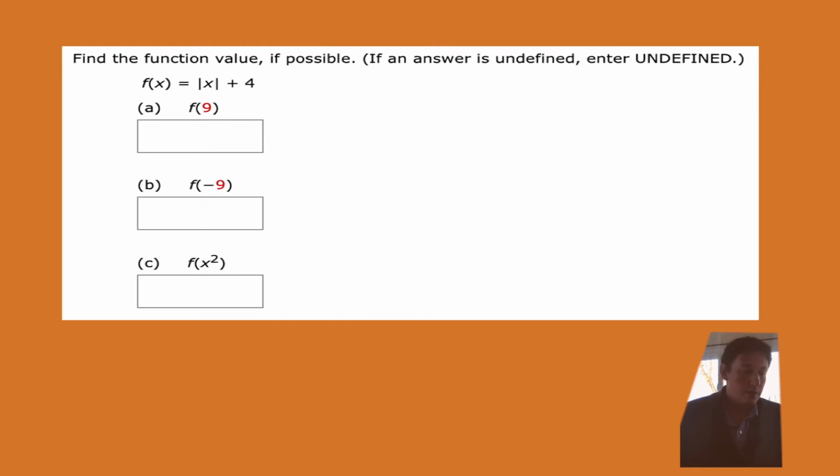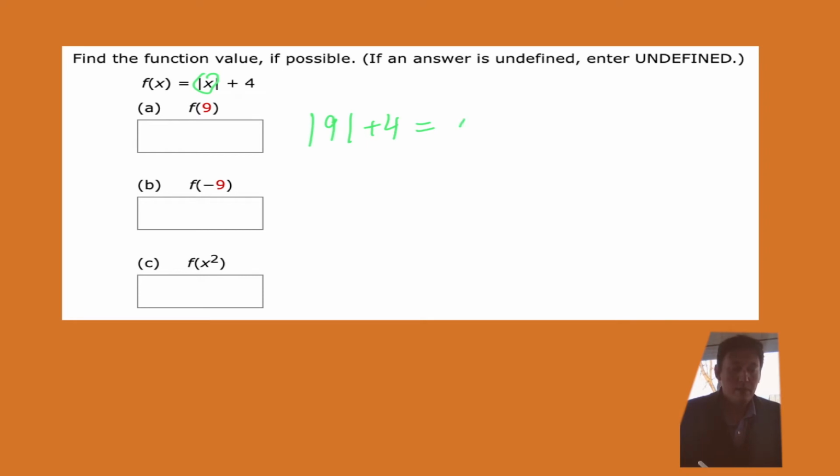Next question. Very similar to the last one, you just have to plug in what's inside of the parentheses for x. And in this case, we only have 1 x. So f of 9 just means absolute value of 9 plus 4. The absolute value of anything is just going to produce a positive result.